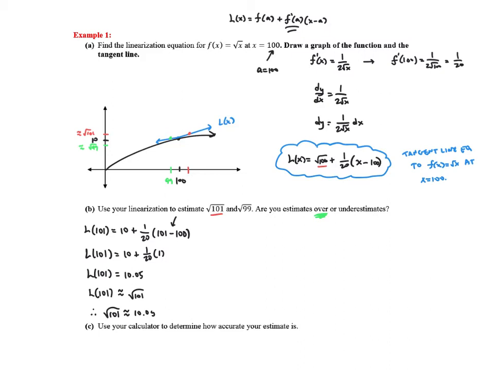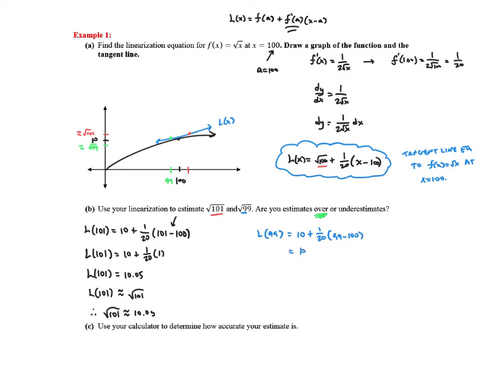Let's do the same thing for the square root of 99. L of 99 will still be the square root of 100, which is 10, plus 1/20th of 99 minus 100.